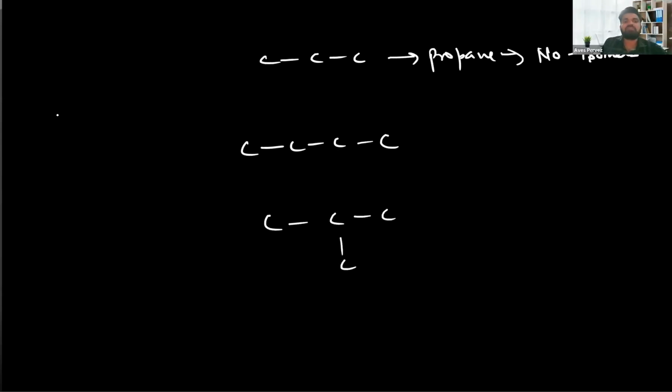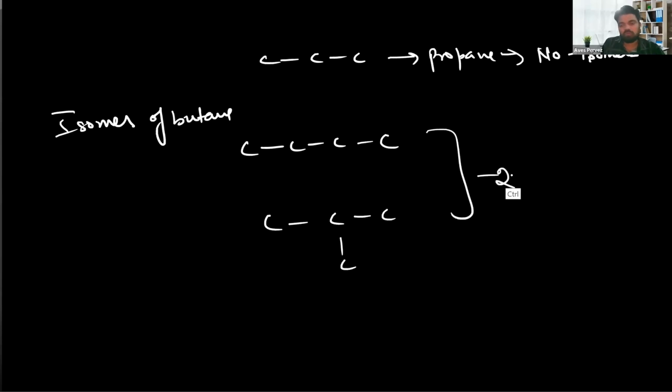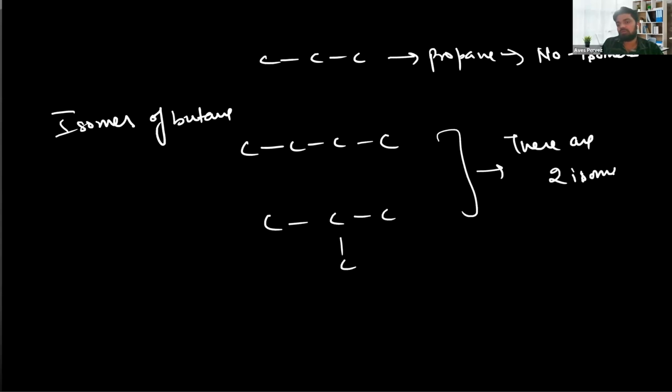So these are the isomers of butane. How many are there? There are 2 isomers of butane. Okay, understood.